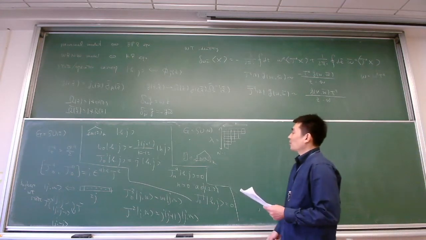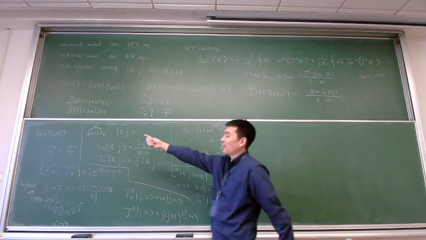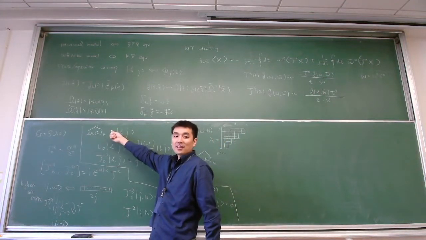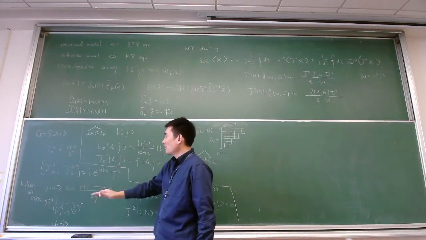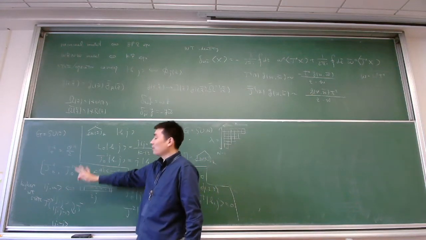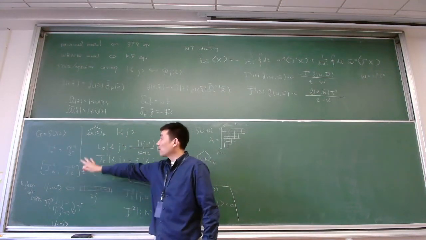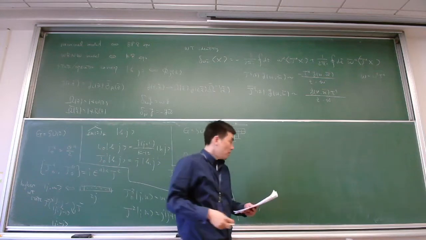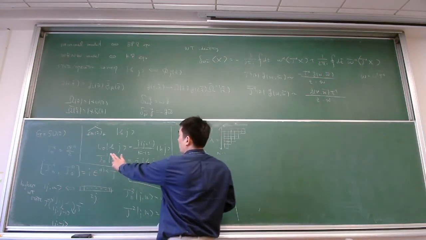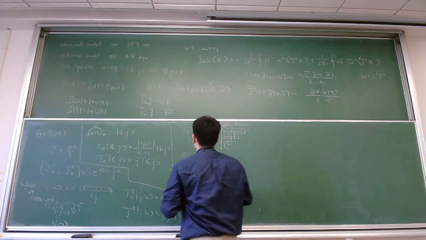Anyway, given a representation, one can construct again the highest weight state. Similarly, you can generalize from finite to infinite dimensional, like for the G equals SU(2) case, and you also have the corresponding highest weight state.